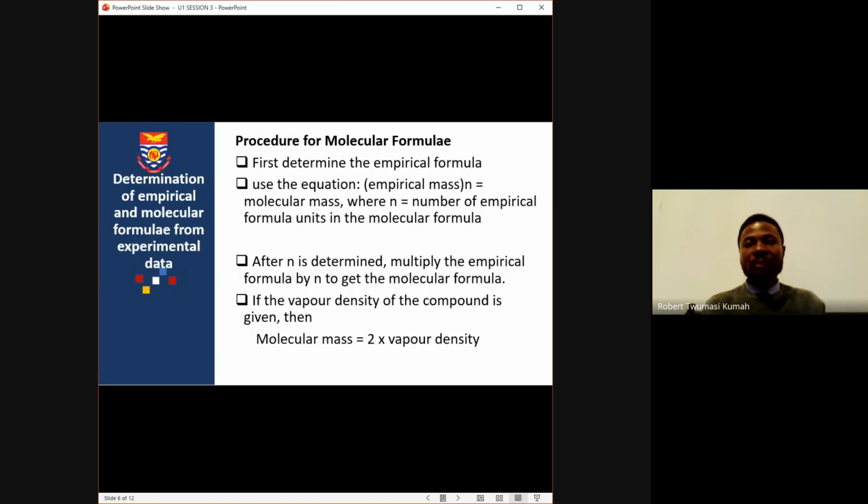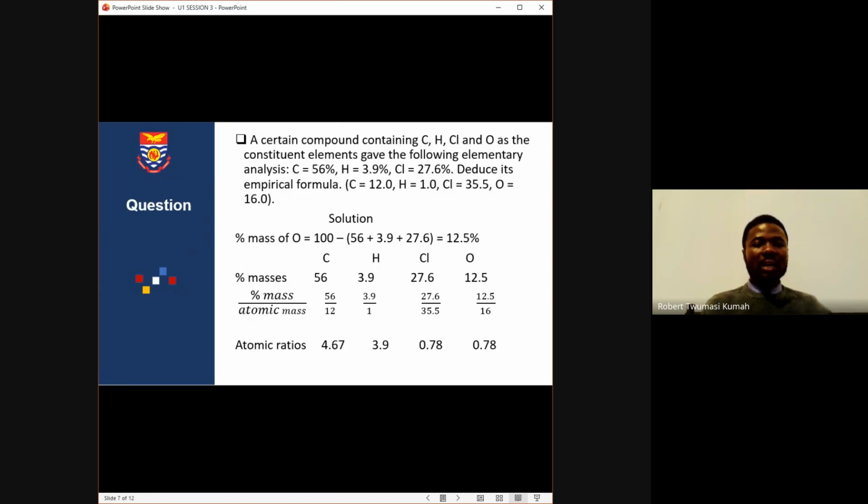You need to determine the number that you can use to multiply so that you are going to get the right compound. And we are to note that if we are given the vapor density of the compound, then for us to get the molecular mass, we need to multiply the vapor density by 2. So we have an example here to try.